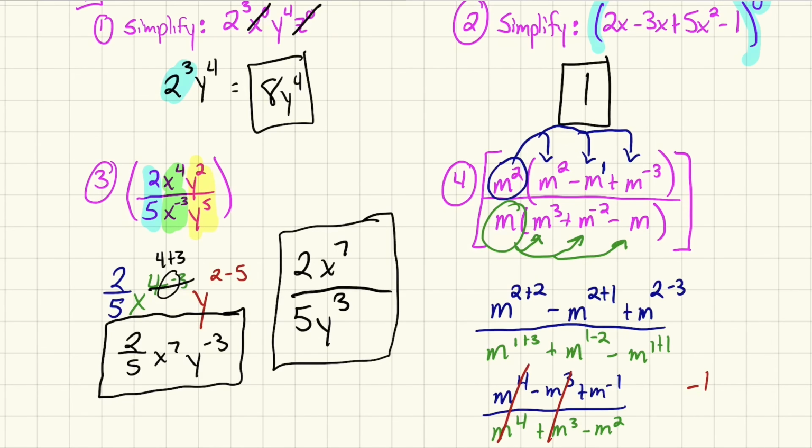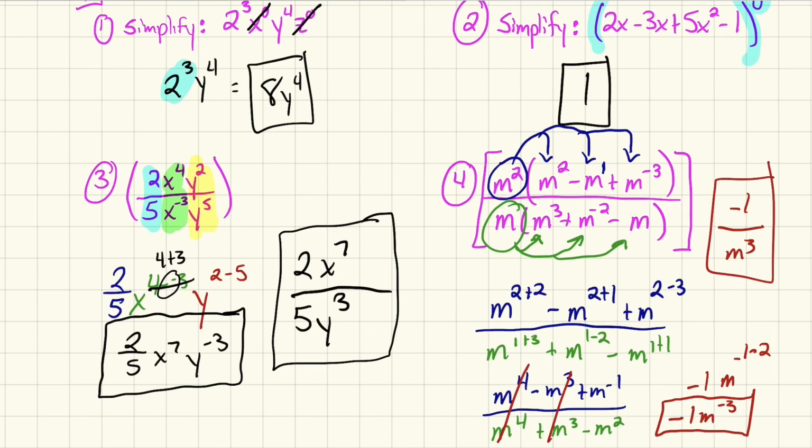So that's going to be m to the negative 1 minus 2, which ends up being negative 1m to the negative 3. We can leave this as our answer, or if we need to simplify this problem, we can write it all as positive exponents. So the negative 1 goes on top, and the m to the 3 goes on bottom.